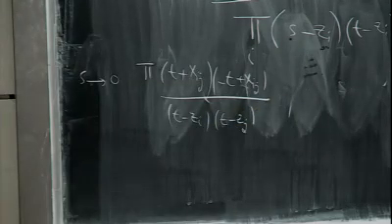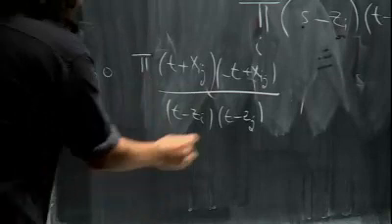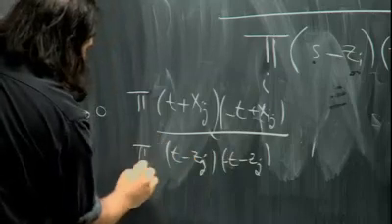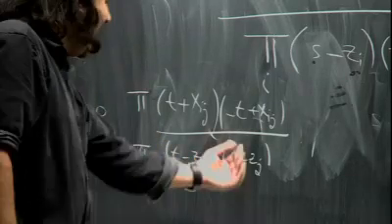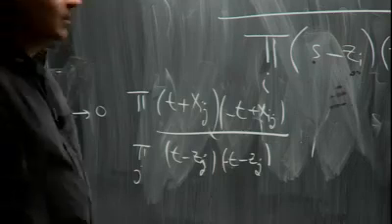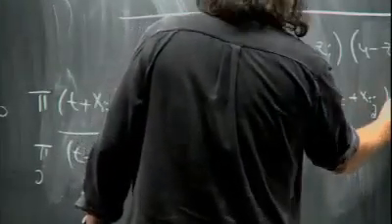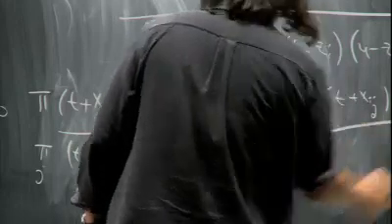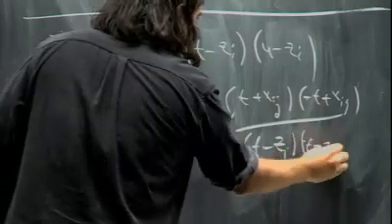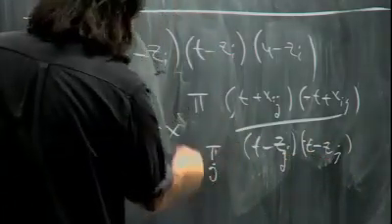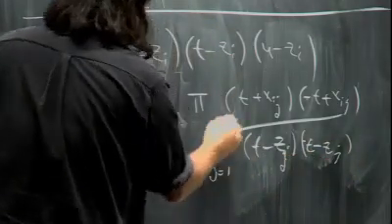So if I pick out here the piece where zj is 0, this is indeed 1 over t squared times the rest of them, the product of all the t plus xij, negative t plus xij, over t minus zi, negative t minus zj, the product over all the j's which are not equal to 0.